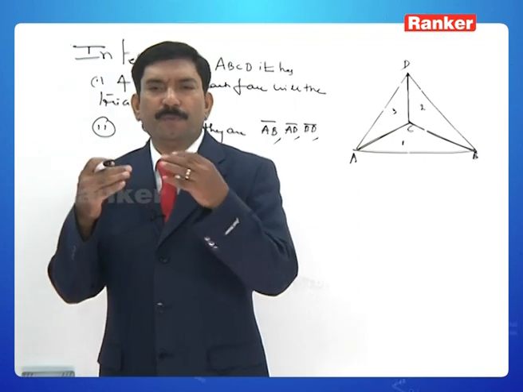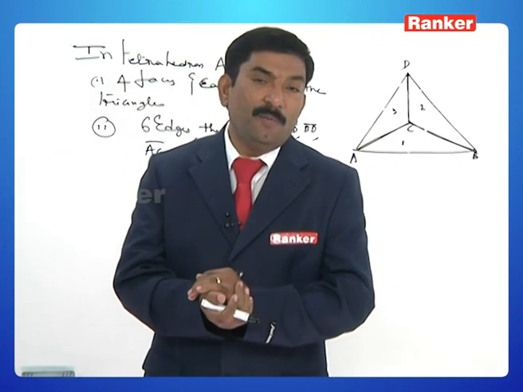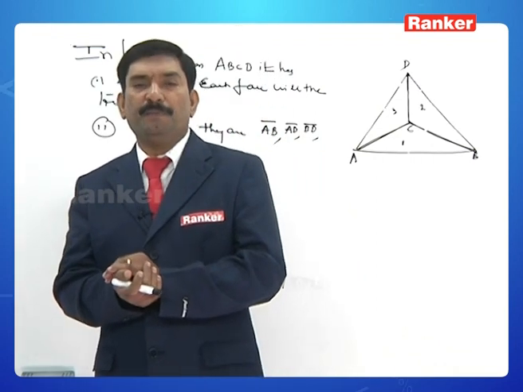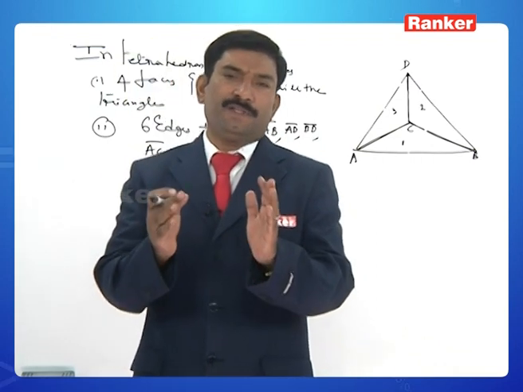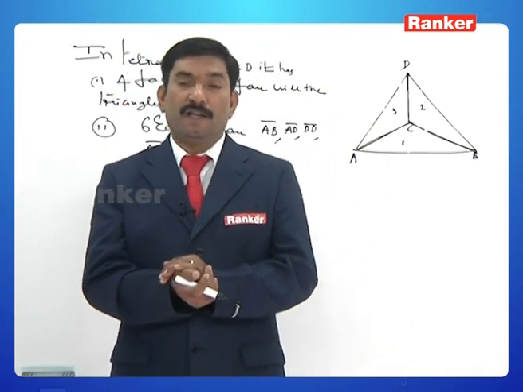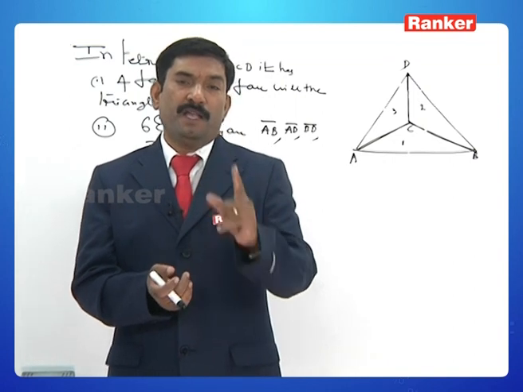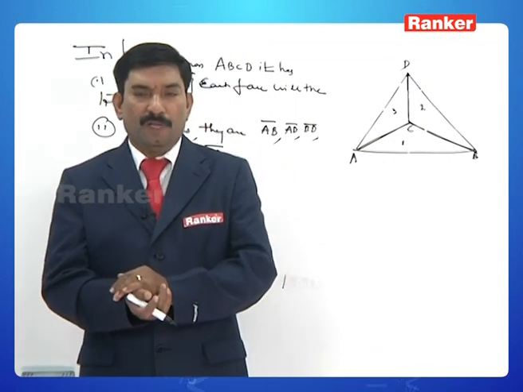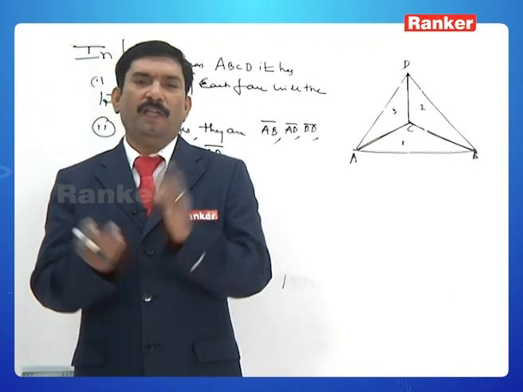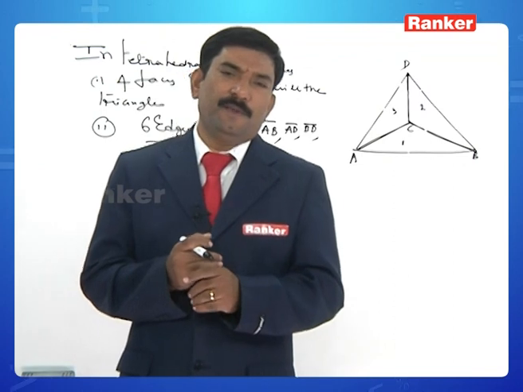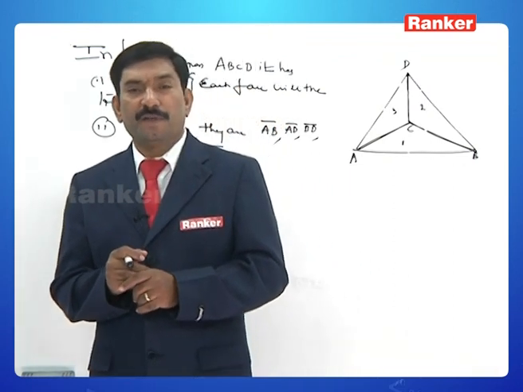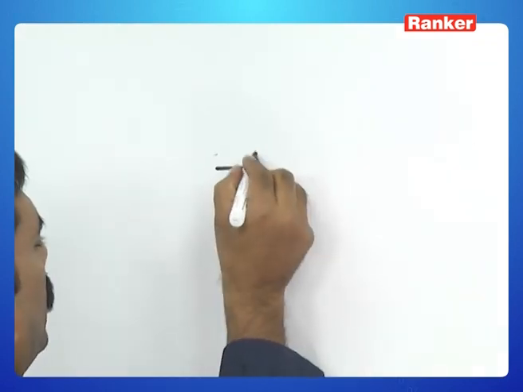As we have proved in the geometrical interpretation of scalar triple product as the volume of a parallelepiped, in the same fashion, we have to prove that the volume of a tetrahedron is 1 by 6 into box of A bar, B bar, C bar, where A bar, B bar, C bar represent the edges.